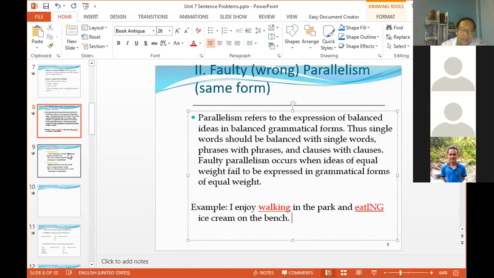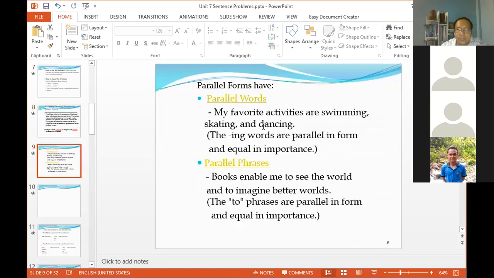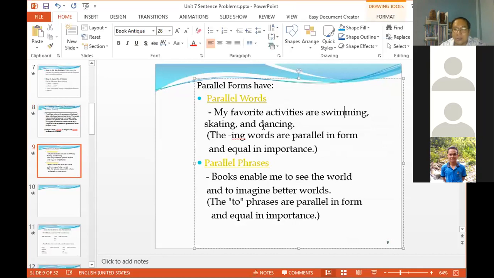Okay, one more example here, buddy. Usually when you write, you have to be careful. This one is parallel because why? Swimming, skating, and dancing are all -ing forms, right? So this is not a wrong sentence, it is the right sentence. We call it parallel. Another one: books enable me to see the world and to imagine.